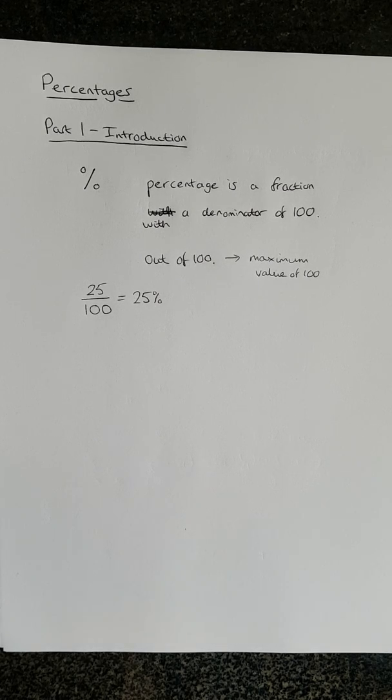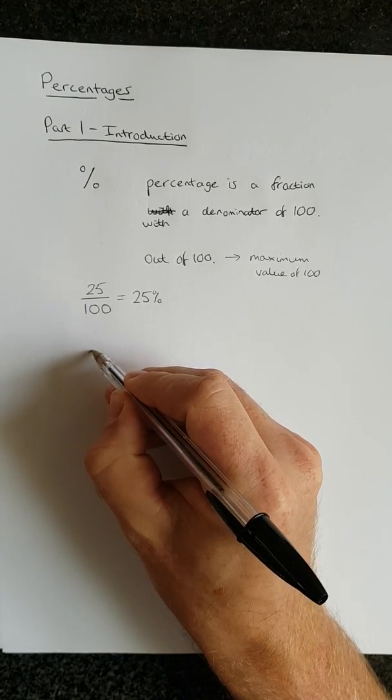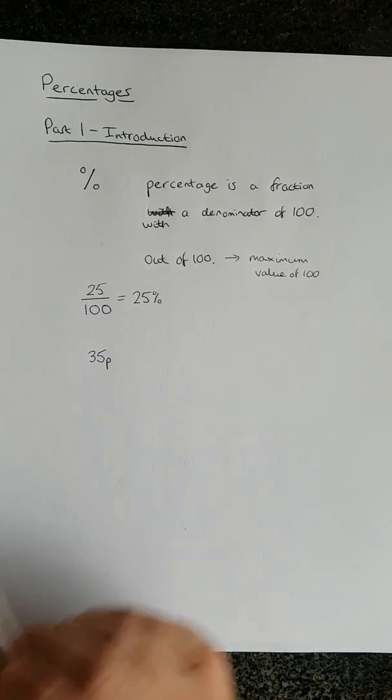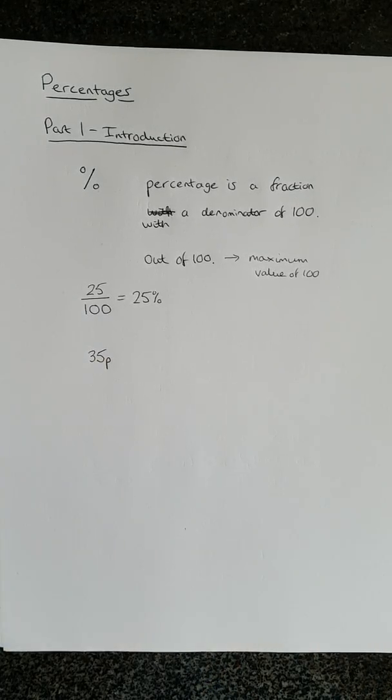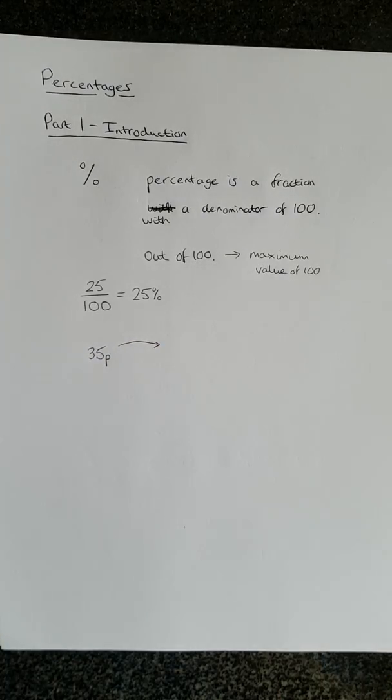So, let's take, for example, the following case. A chocolate bar costs 35 pence. And unfortunately, the chocolate bar doubles in price.